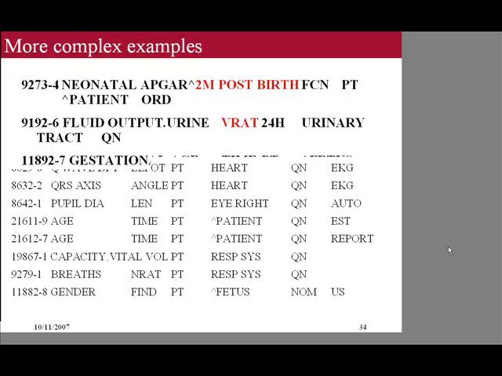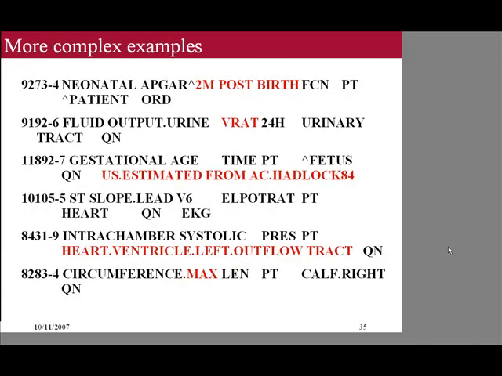More complex examples. These are showing basically some patient conditions or patient preconditions for the measurement. So neonatal Apgar, 2 minutes post-birth, a fluid output, which is the volume rate per 24 hours, the gestational age, where you're specifying that it was gestational age estimated by ultrasound, but not only by ultrasound, but by the Hadlock procedure that was published in 1984.